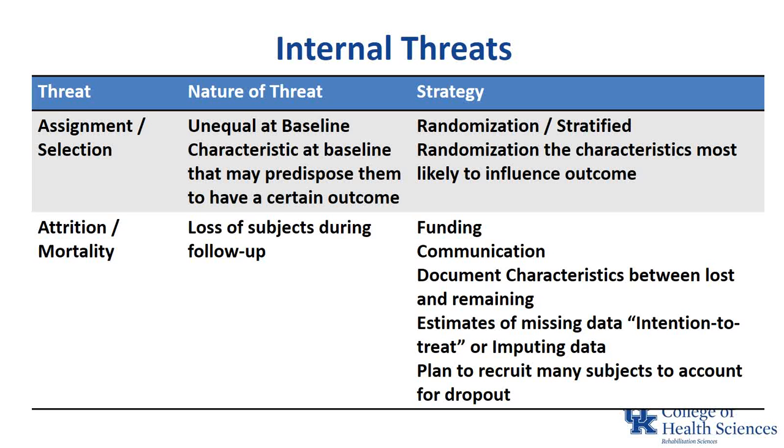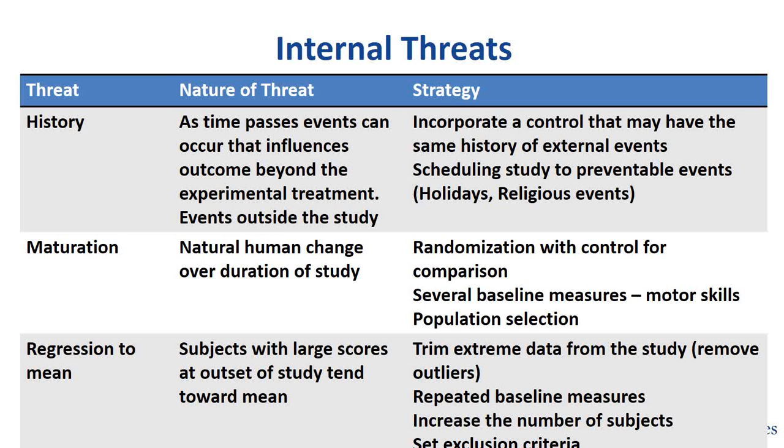So losing subjects, if you're dealing with an older population, I know Dr. Butterfield and Dr. DuPont have talked about rats dying because they're already an older animal model, and so there are some issues that they have to account for, that they might need to have more to start with at the beginning. So certainly attrition and losing subjects to follow-up is really a problem.